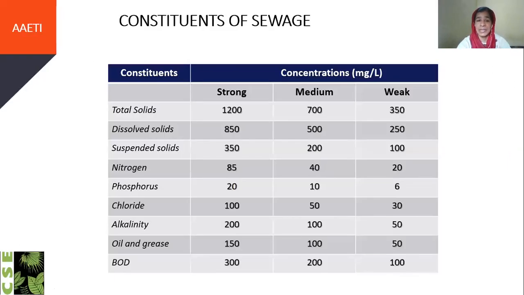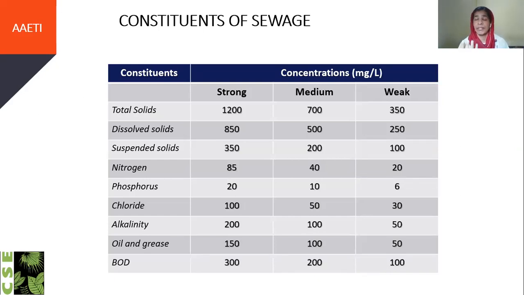So this table showcases the concentration ranging from strong to medium to weak with regard to the important constituents of the wastewater, be it total solids, dissolved solids, suspended solids, the nutrients, the alkalinity, the oil and grease, and the BOD. And apart from this, one more important thing is to determine the pH of the wastewater.